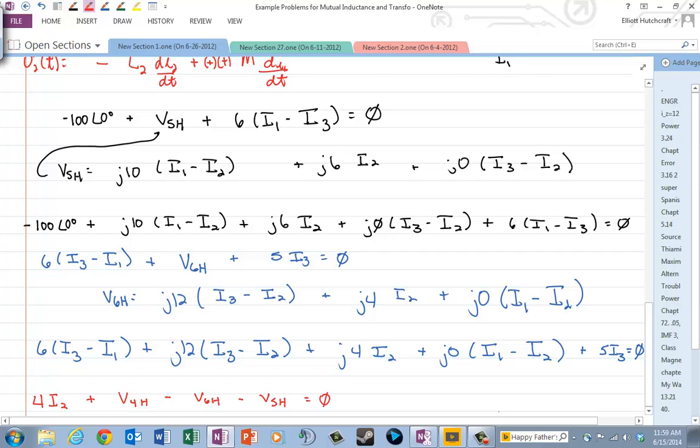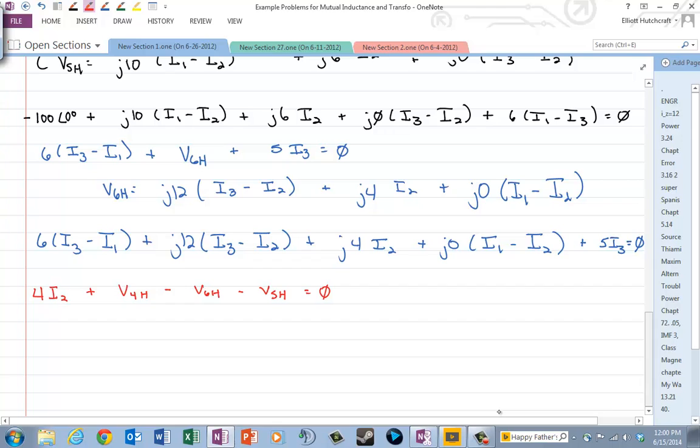Okay, now notice we've already done V6 Henry and V5 Henry. We can just substitute those. Here's V6 Henry, needs to go right there. And see, you can see where the error can so often be because that minus is in front of it, and all of those terms in that V6 Henry would need to have the minus sign there.